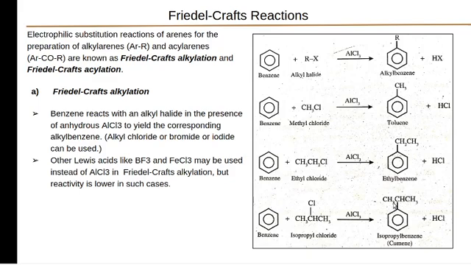The isopropyl group gets attached on the benzene ring by replacing the hydrogen atom. The product is isopropyl benzene, also known as cumene. So how can you produce cumene from benzene? You have to treat benzene with isopropyl chloride, and the product will be cumene.